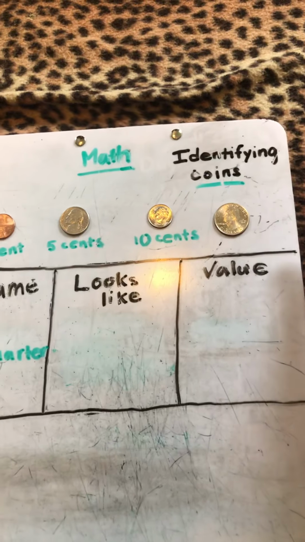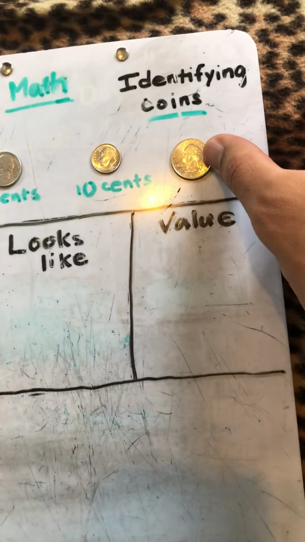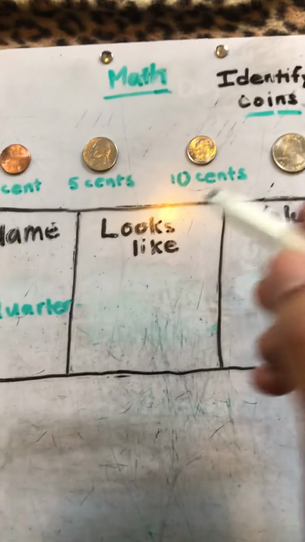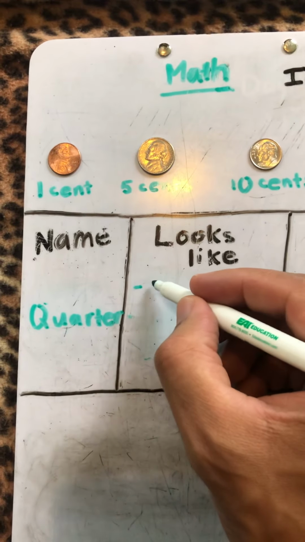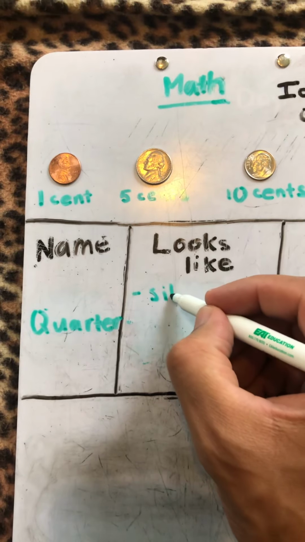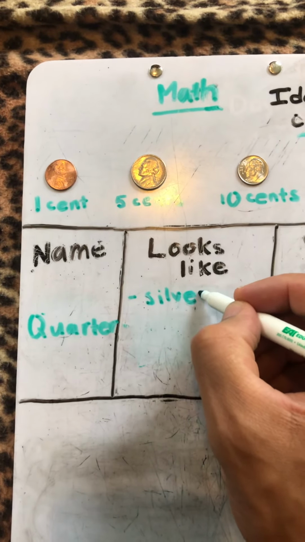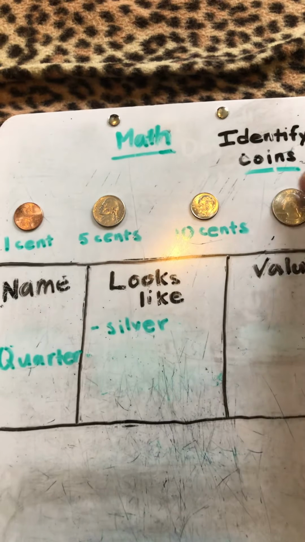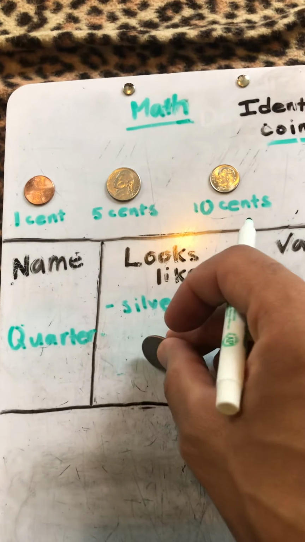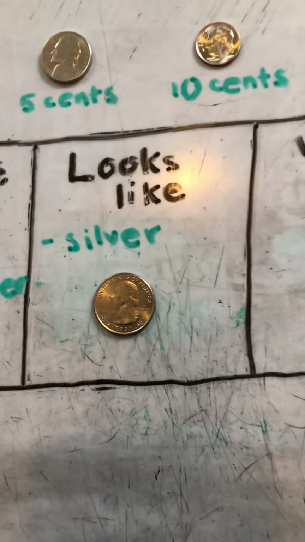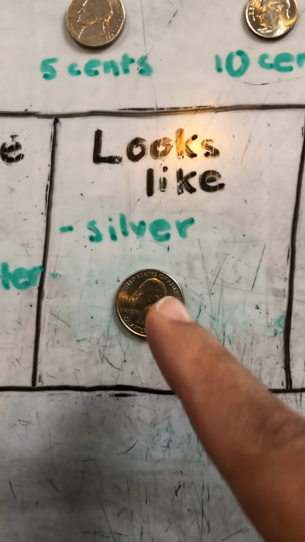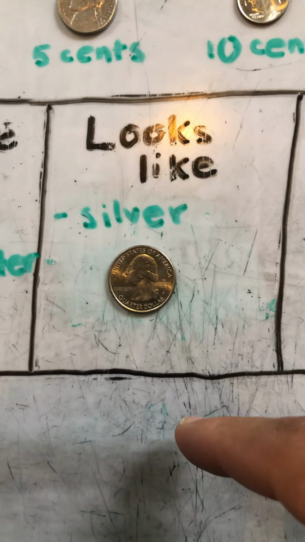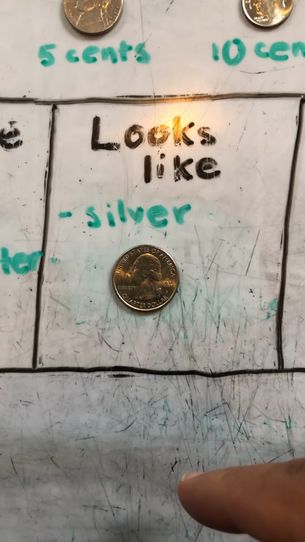Now, when we talk about what it looks like, well, first thing we see it has that silver color still working here for us. If I look, and we've noticed that many of our coins have different famous Americans on them, this one has a picture of our first U.S. president, George Washington.